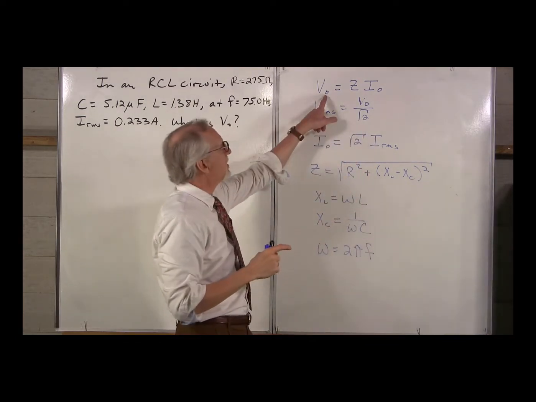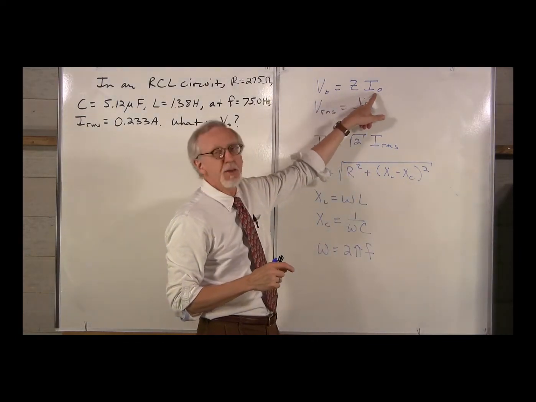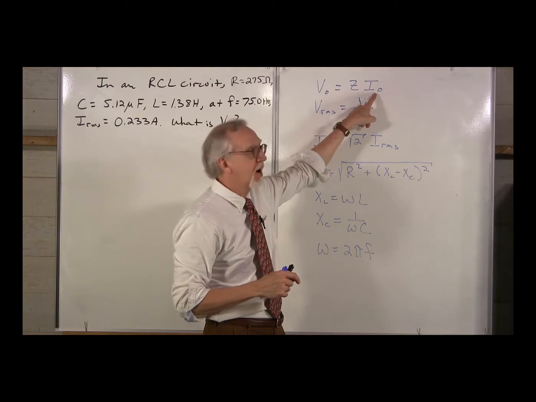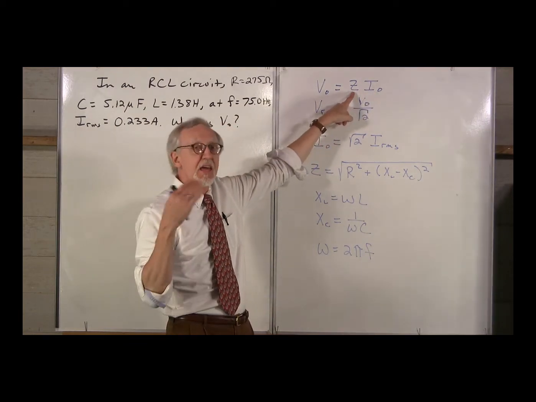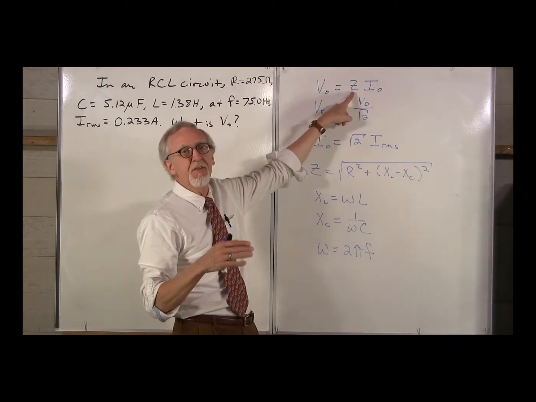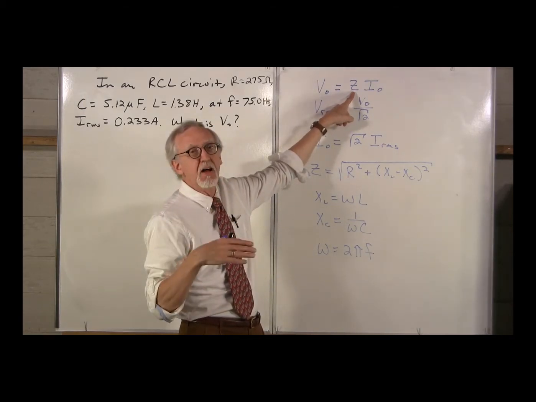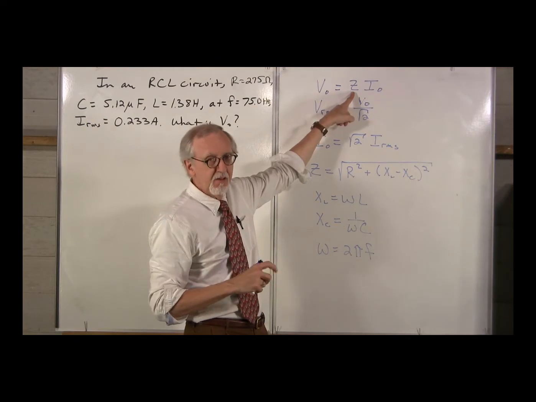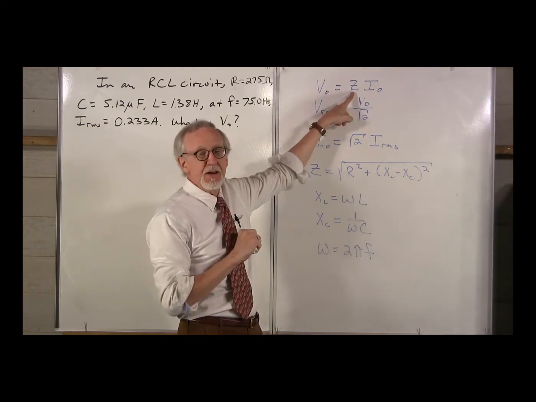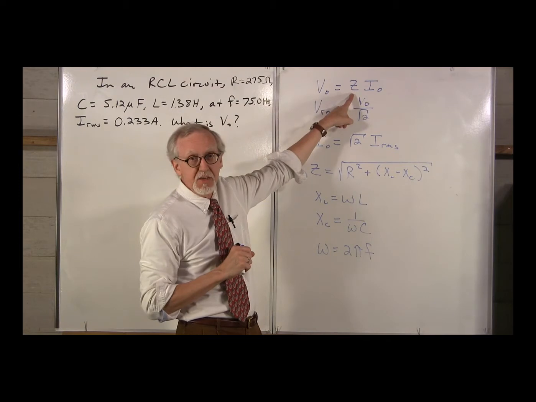Well, the voltage amplitude is Z times I naught, the impedance times I naught. This would be R if we had a resistor by itself, XC if we had a capacitor by itself, and XL if we had an inductor by itself. But for an RCL circuit, it's Z, the impedance.